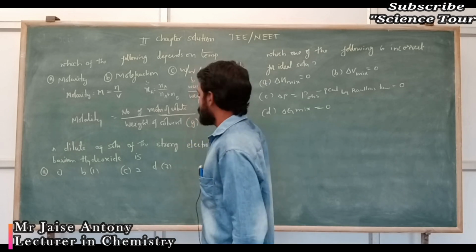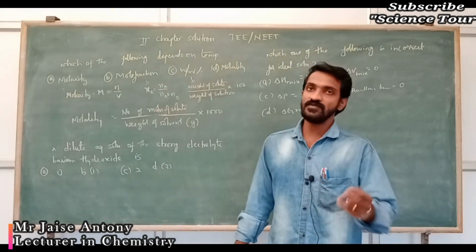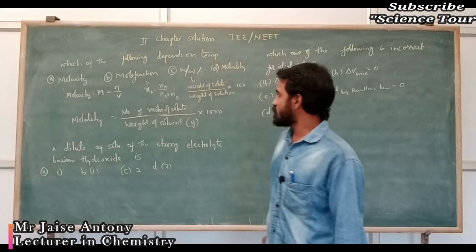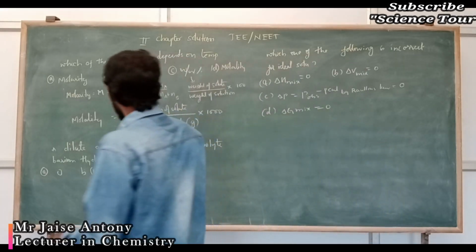If it is in grams, you have to convert 1 kg into 1000 grams, so into 1000. This is the molality formula.